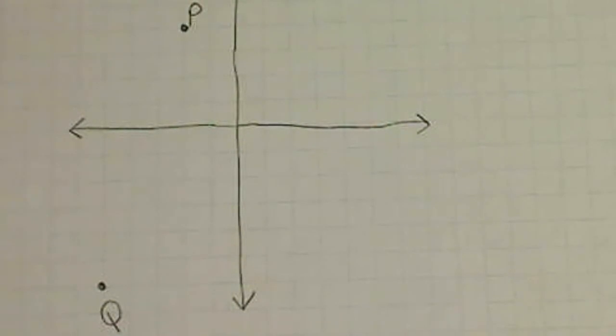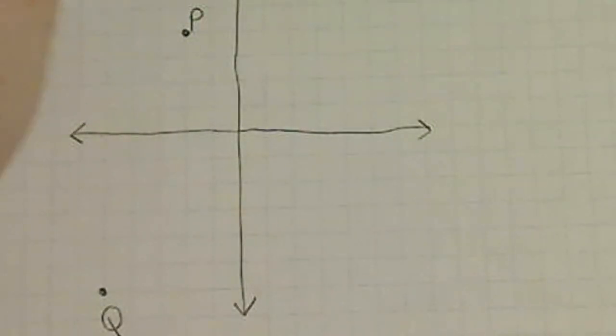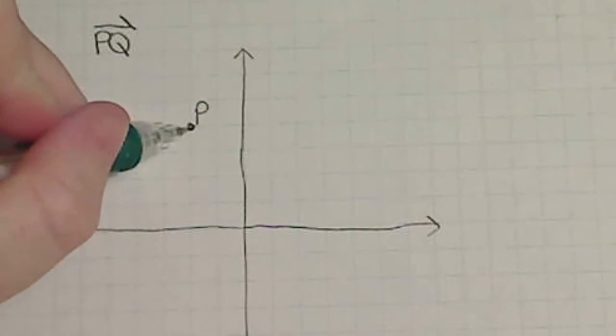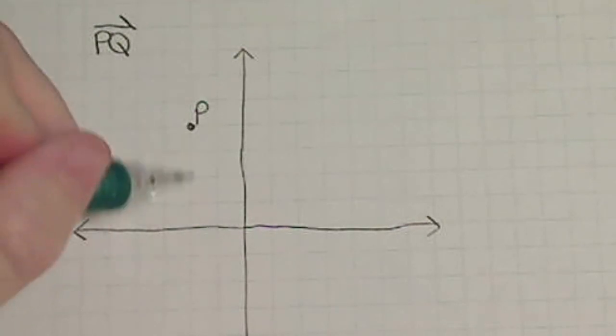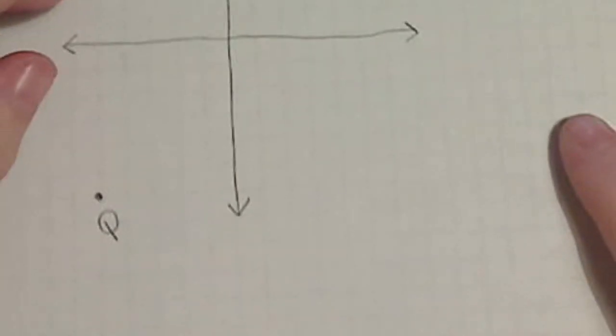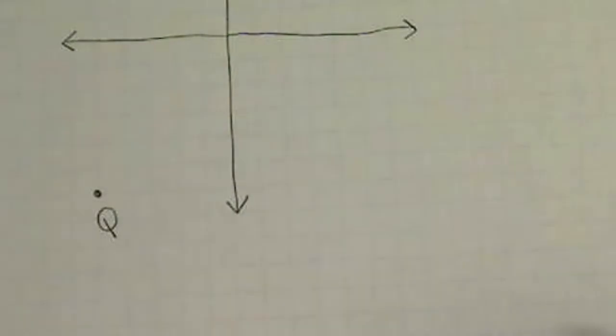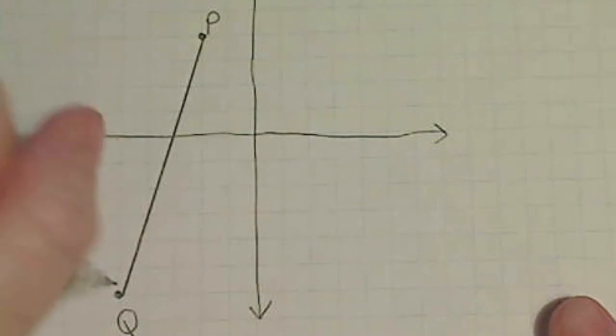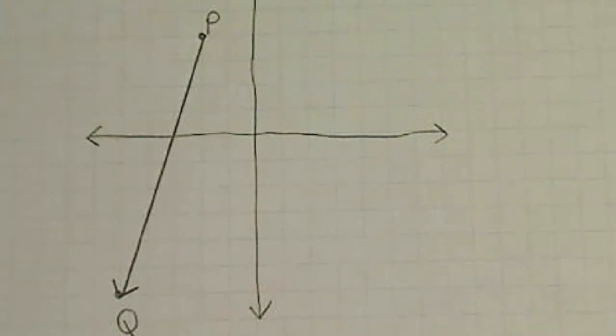And the answer is my vector on my paper, it says PQ, and the arrow is pointing towards Q. So I'm going to draw my arrow starting at P, that's the initial point, going down to Q. So go ahead and use a ruler, or something straight. And here's my vector. I have already found that it is 10.4 units long.